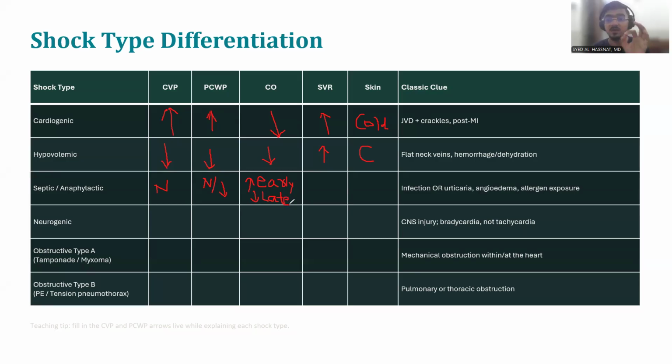And what happens to the TPR? When the vessels get dilated, the pressure in them gets decreased, so the resistance decreases. And what happens to the skin? The vessels are dilated, and when these vessels are dilated, more blood is pooled in the skin, more water is there in the pipes. The pipes are not emptying, so the skin would be warm.